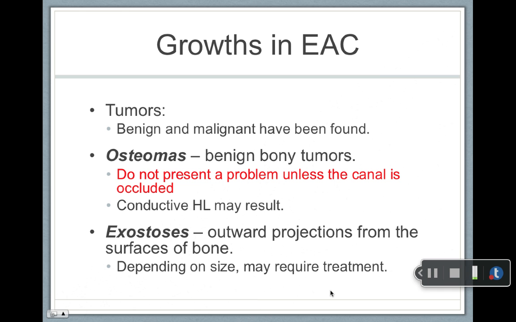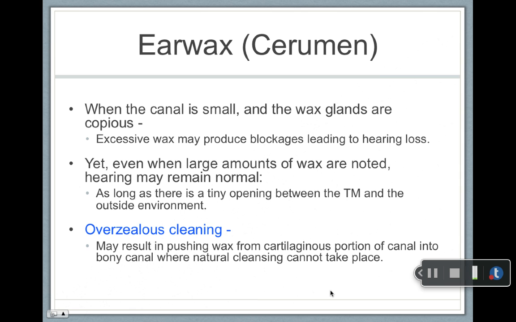He was always in cold water, always in the ocean, and he just started developing these little growths in his ear, I guess as a function of always being in cold water. They were not a problem for his hearing as they were just tiny. They weren't occluding anything. Sometimes they might grow outward. That would be exostosis. And again, you would remove them depending on how they look or if they block anything.